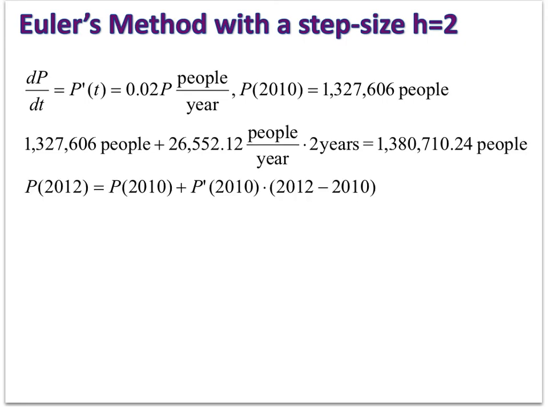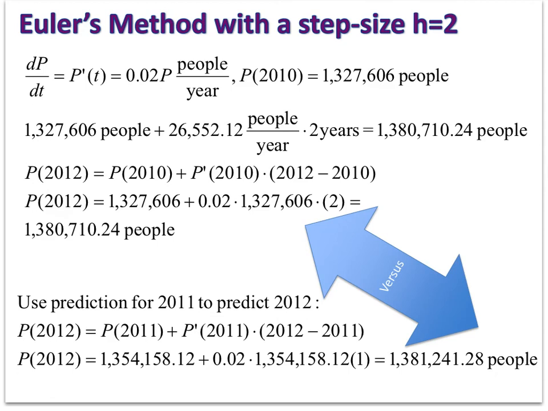In other words, 2012 can be found by taking 2010 plus the rate of change of 2010 times 2. As you can see, if I jump by a step size of 2, there's a little bit of difference here, okay?